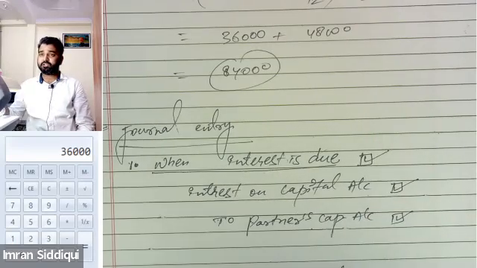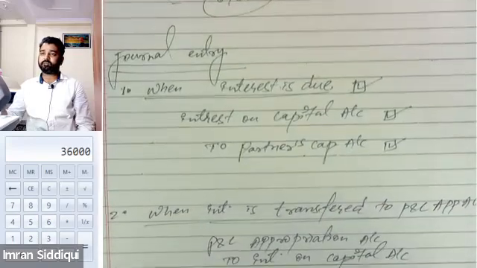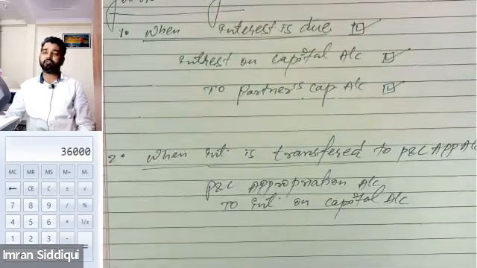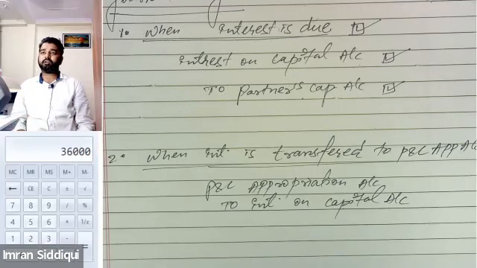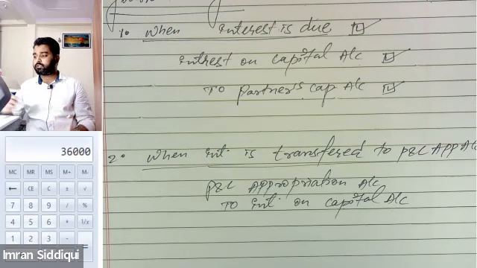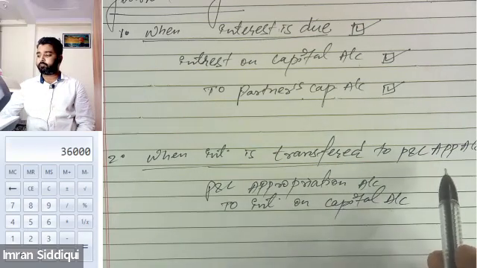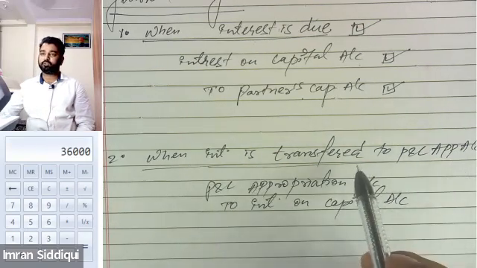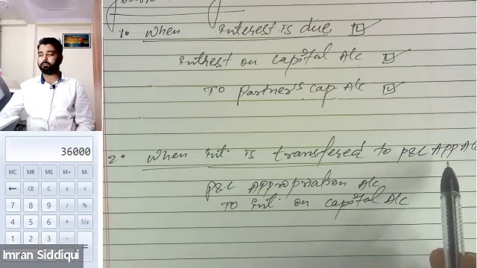And similarly, the general entry when it gets transferred to the P&L appropriation. I'm sure that all of you already know that interest on capital is recorded in the P&L appropriation account, not in the profit and loss account. So since it is recorded under the P&L appropriation account, we need to transfer it there.